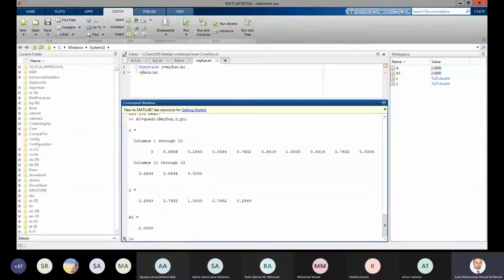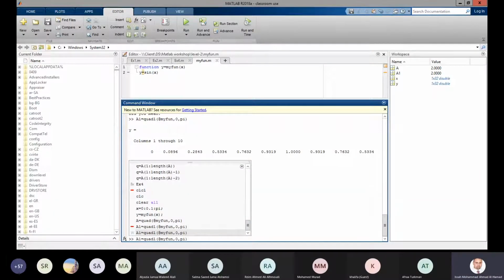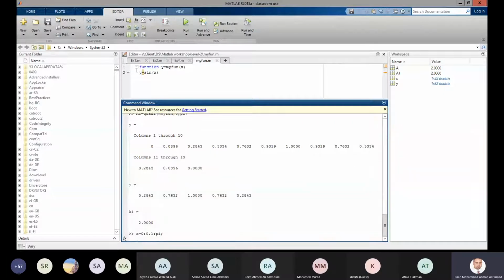So again, you will get 2, which is the same value. Now, if there is any difference, it will be here. So we defined x. I will define x another time. So I will make it 0.5.